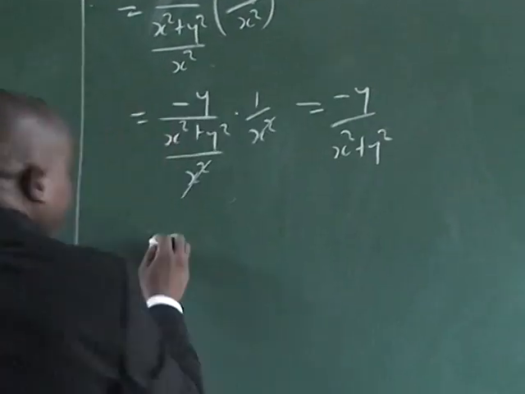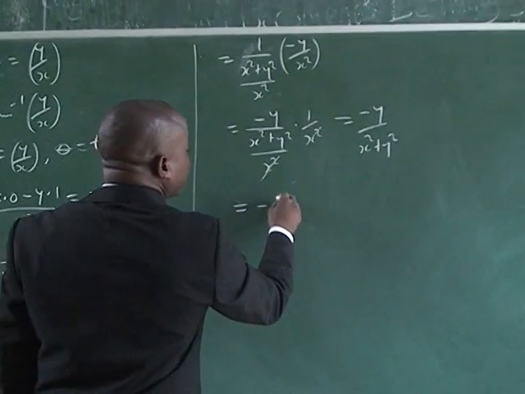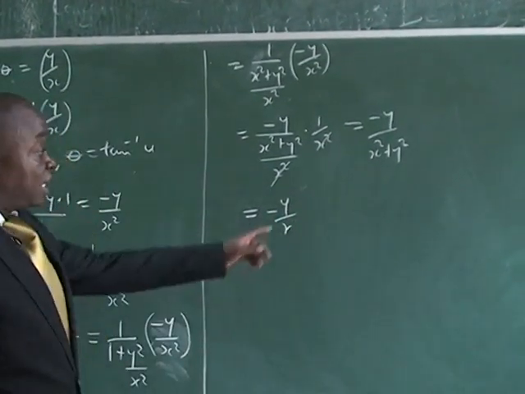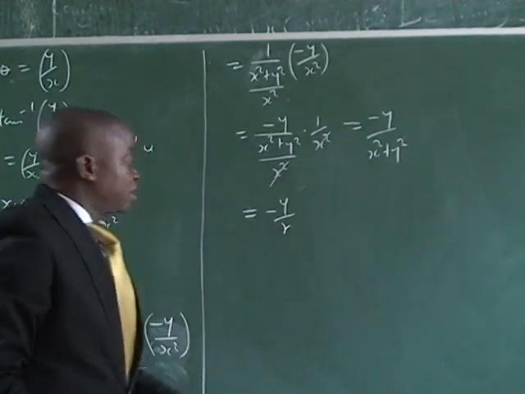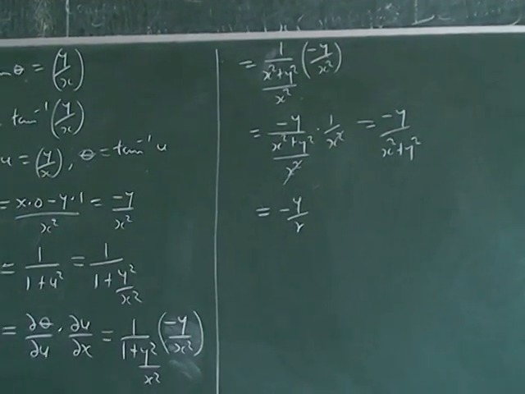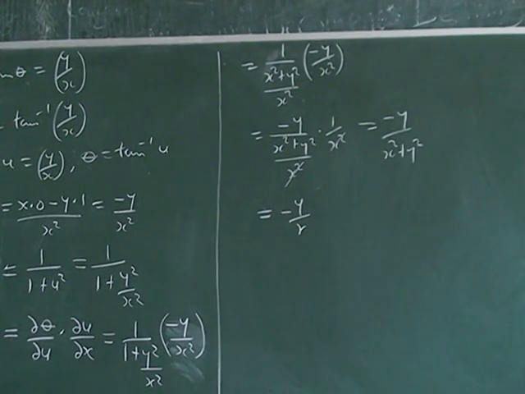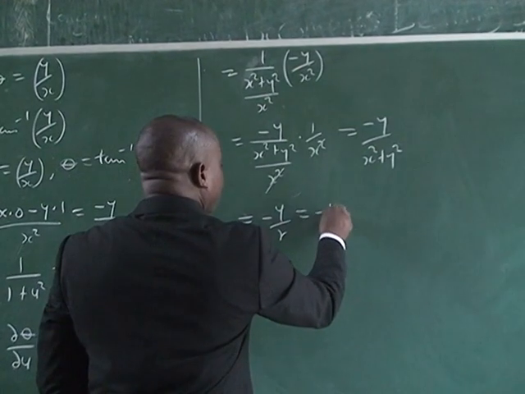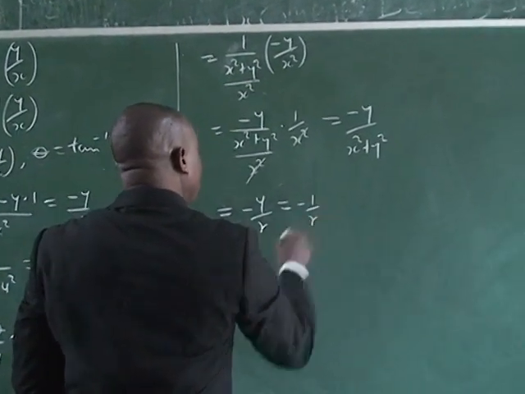And this is the same thing as writing minus y all over r, because r is the square root of x squared plus y squared. Minus y all over r.